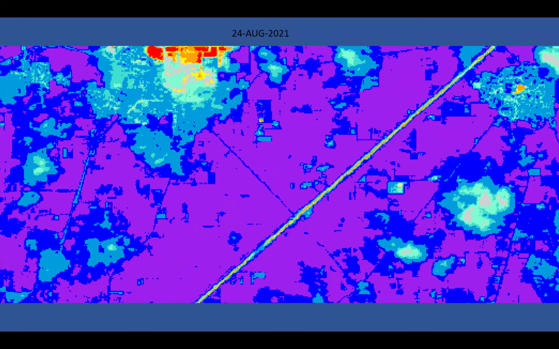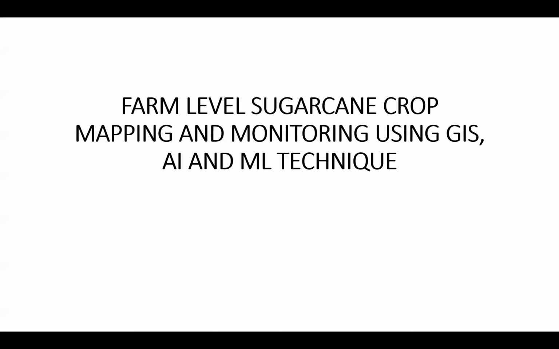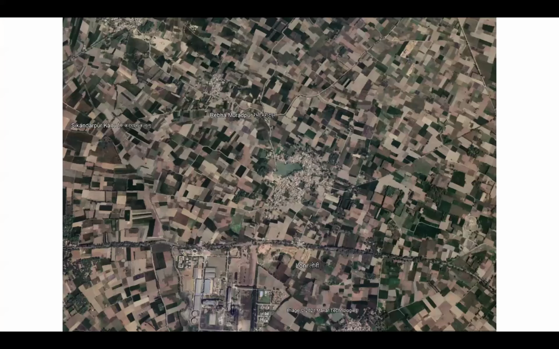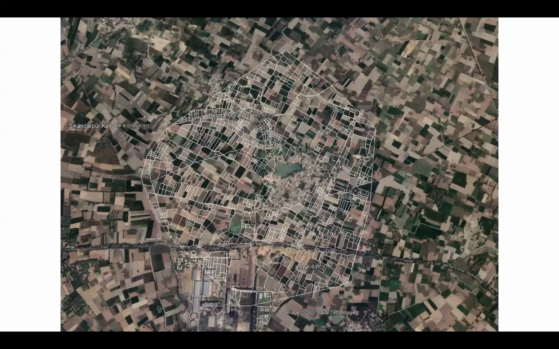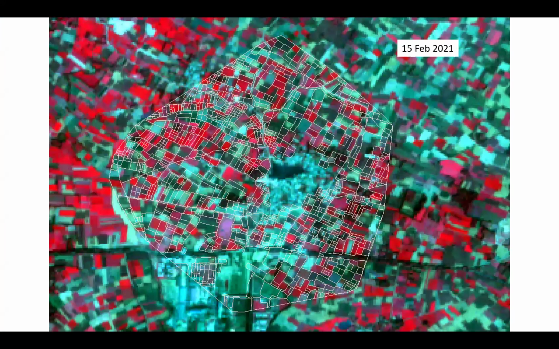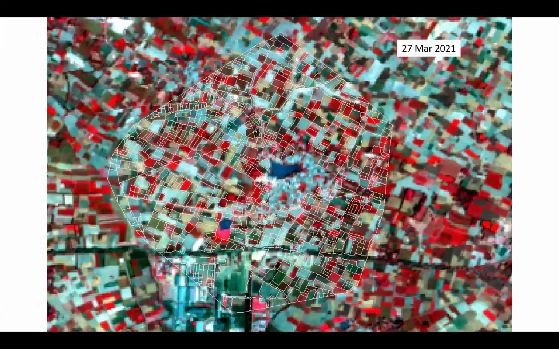Now the question is, if I want to give advice to any farmer, how will I know which plot, and what is the size of the plot? There is another case study I'll show you. You take satellite imagery and overlay a farm boundary or a village map onto it, and do a similar kind of study with multiple sets of satellite imagery.